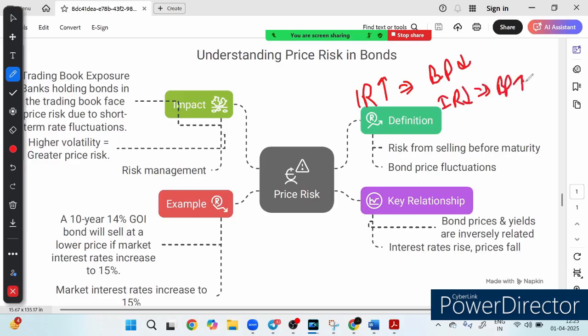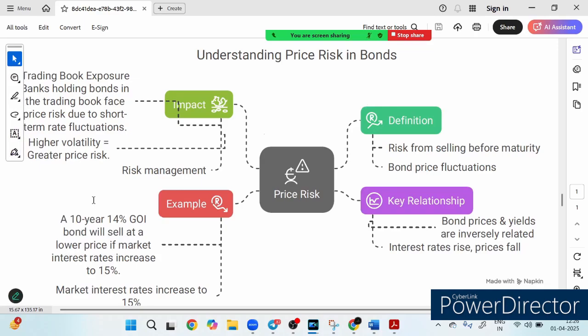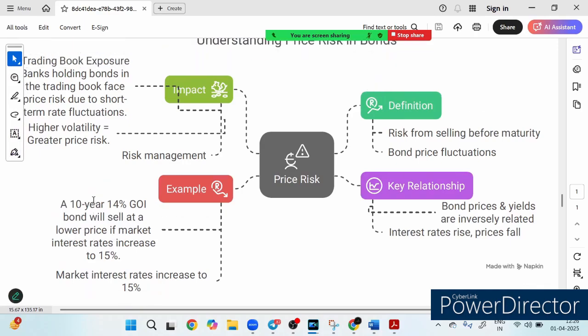For example, let me give you one example to make this concept clearer. Imagine a bank holds a 10-year 14% Government of India bond.